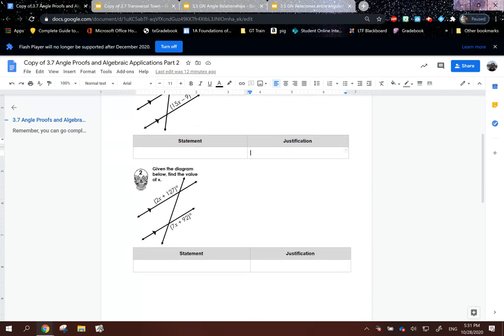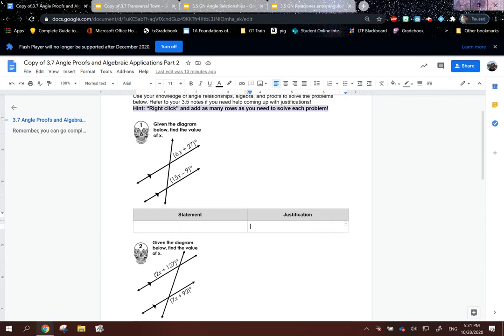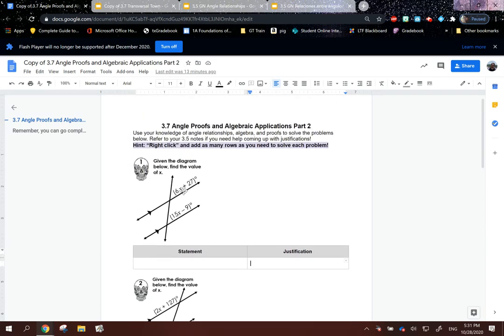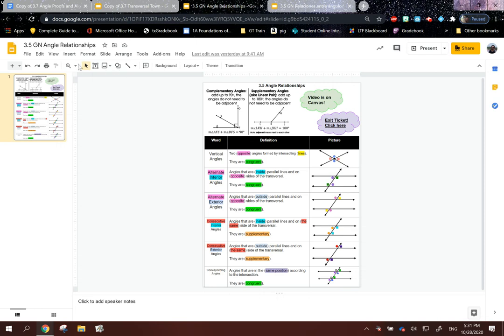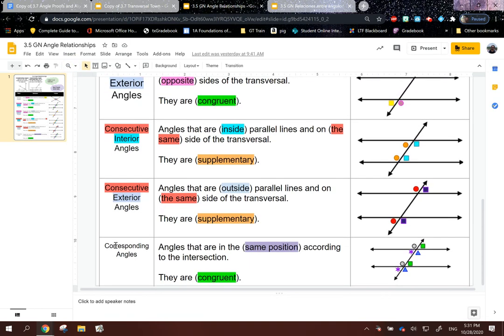So what I want to show in this video, last time in the last lesson video, and you can watch that 3.6 video if you need to, we talked about how to solve when we have angles that are congruent. For example, here I have a pair of corresponding angles, and according to my notes, corresponding angles are congruent.